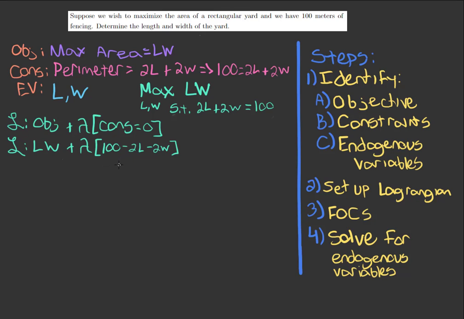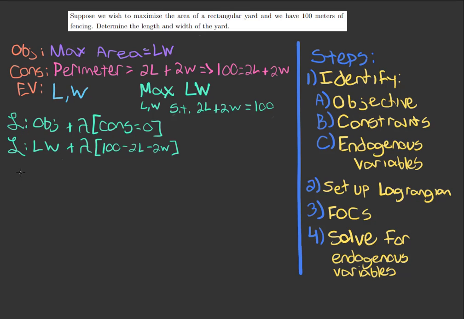As it turns out, when we're just trying to solve for the endogenous variables, it doesn't matter which way we put the signs, because those signs are only going to affect the lambda value, by just switching it from a positive to a negative. And since we're not trying to solve for lambda, we're trying to solve for the endogenous variables L and W, it really doesn't matter which signs we use.